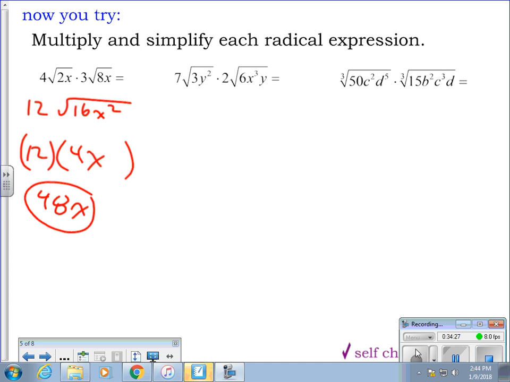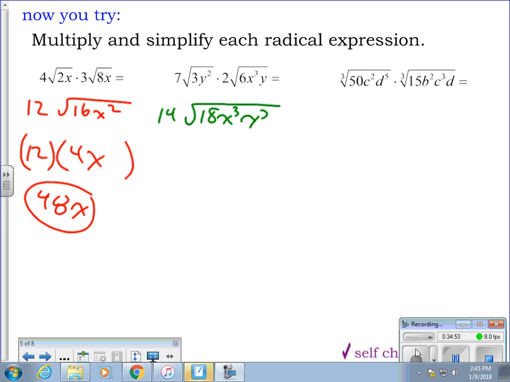Next one. Same thing. 7 times 2 gives me 14. Square root 3 times 6 is 18. And then I don't have any x's in this one, but I do in the second one: x cubed, y cubed. Okay. 18, what's the perfect square that goes in 18? 9. It's 9 times 2.